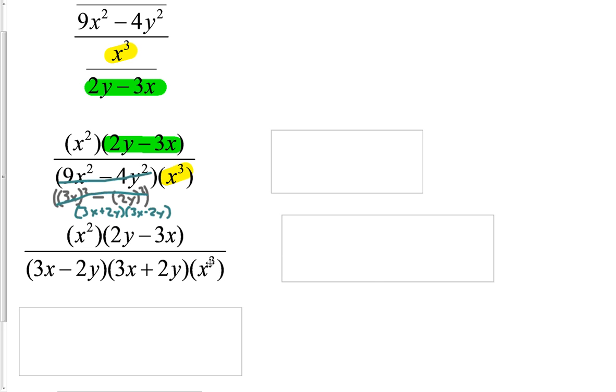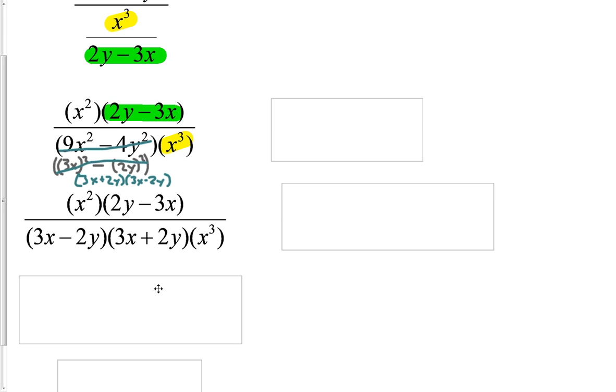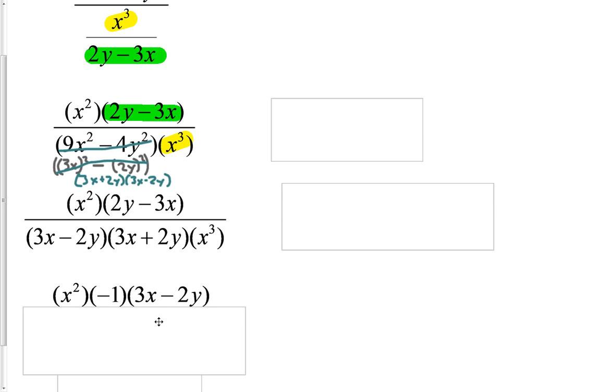Ooh, we have one of those situations where we can almost cancel something. We have a 2y minus 3x and we have a 3x minus 2y. Let's apply our -1 trick. So let's pick one, let's pick our numerator, and apply that -1 trick. We're going to have the 2y minus 3x here.